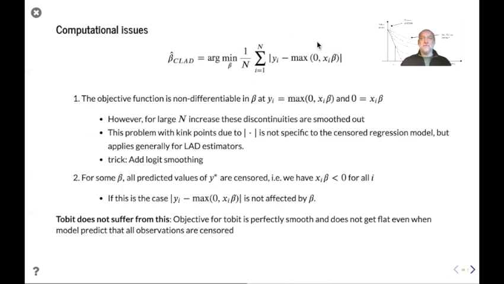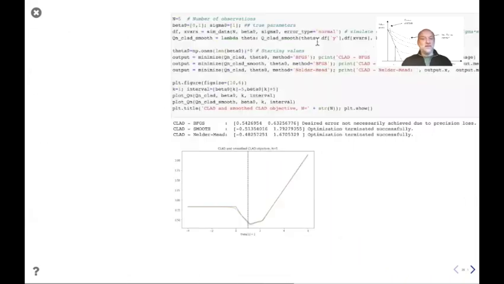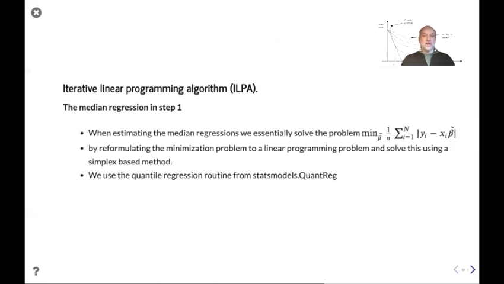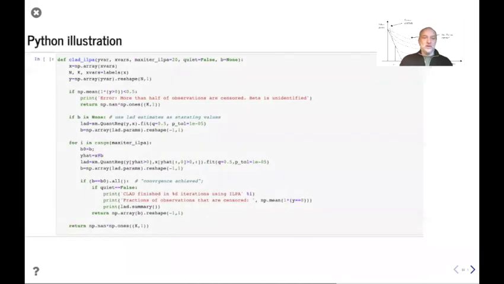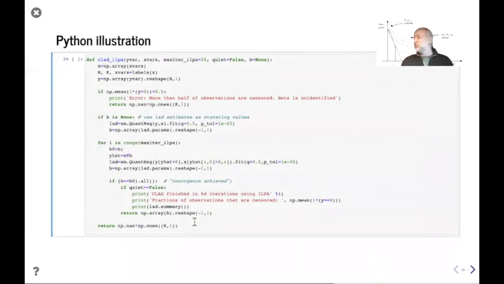This is just a Python illustration of how you do that algorithm. You start up here with doing a median regression, least absolute deviations on the original sample. Then I store those parameters B here, and then I make a loop.